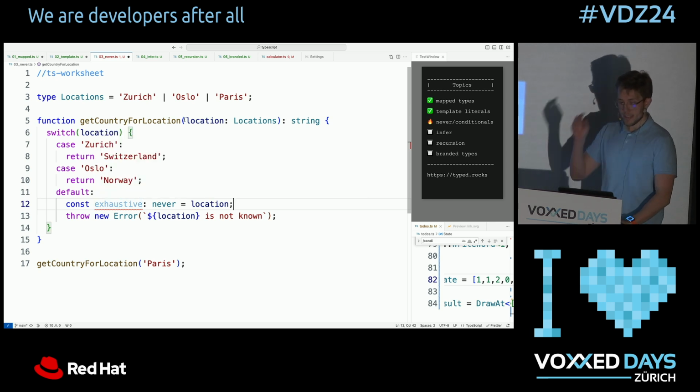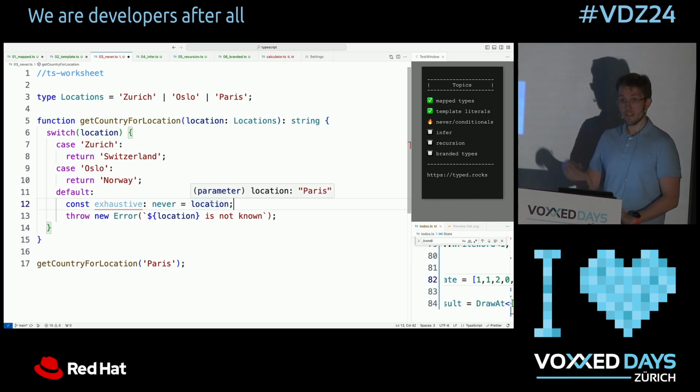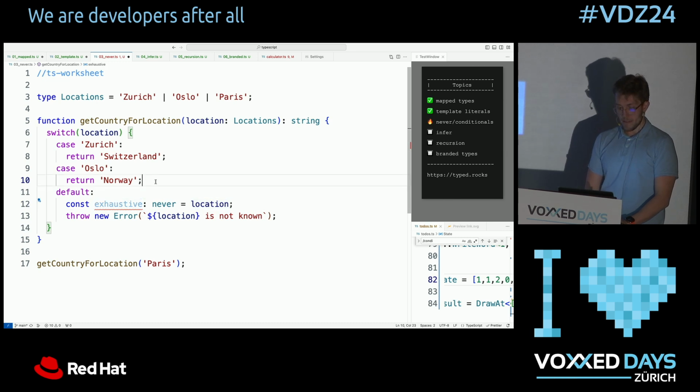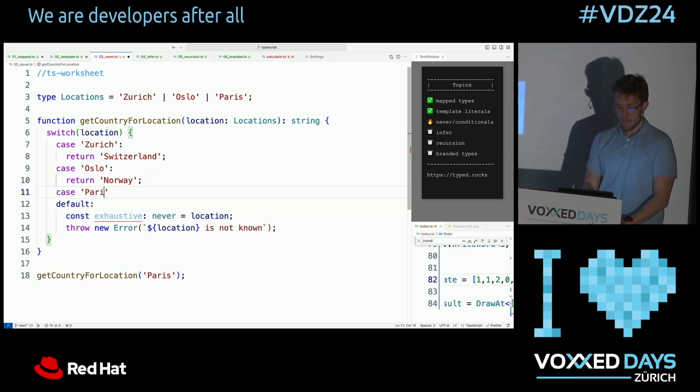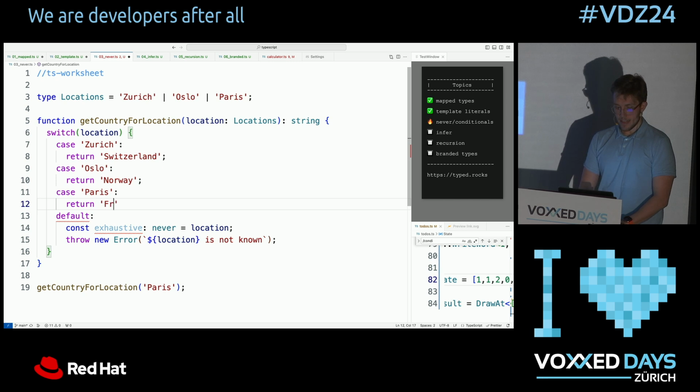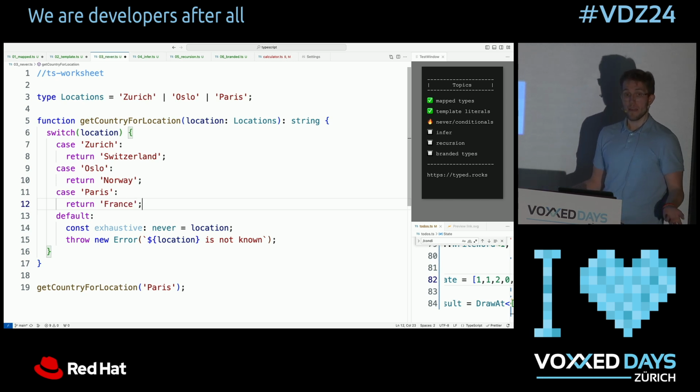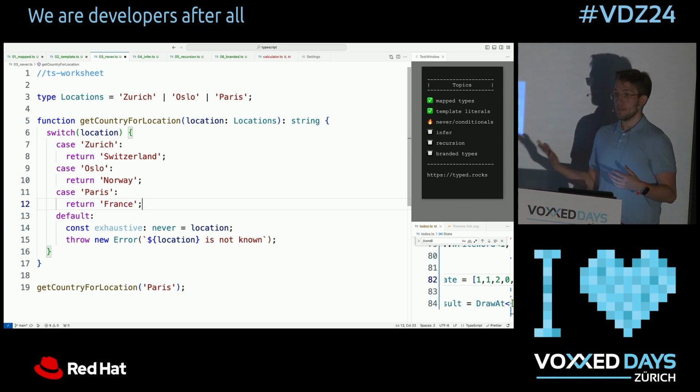TypeScript is extremely clever about this. It sees, okay, there is this Paris, which is not covered in the branches, so location here has to be Paris, and you cannot assign Paris to never because it's a string. Now, if I add Paris here and return France, we can see the error goes away. So you have compile time and runtime safety.